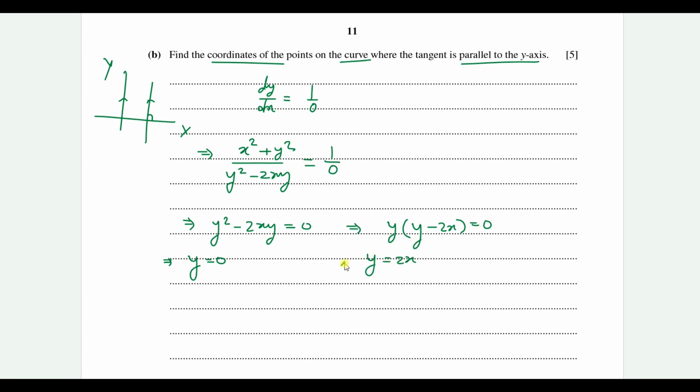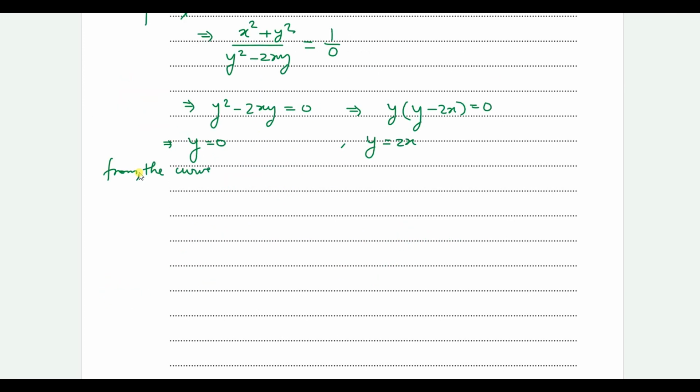Since y is equal to 0 and y is equal to 2x are valid for the curve, because this point is also on the curve. So now from the curve equation, we have x cube plus 3xy square minus y cube is equal to 5.